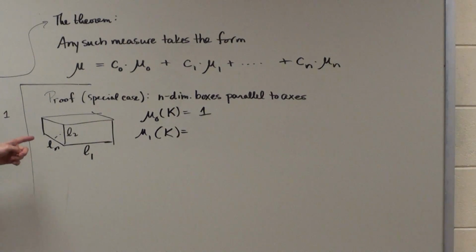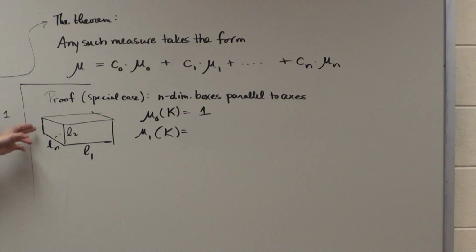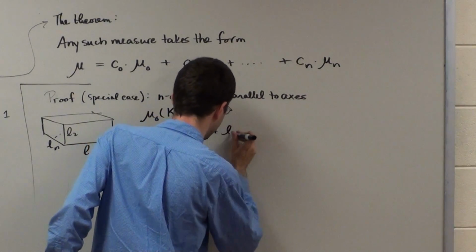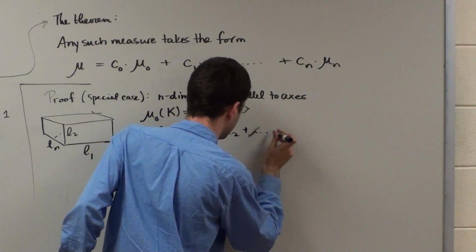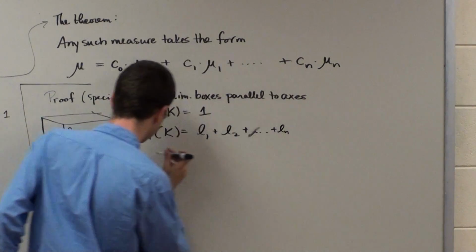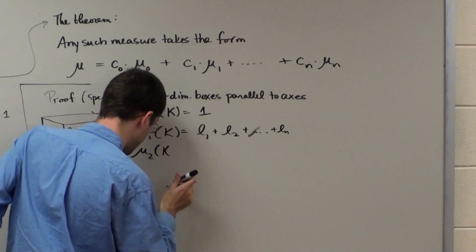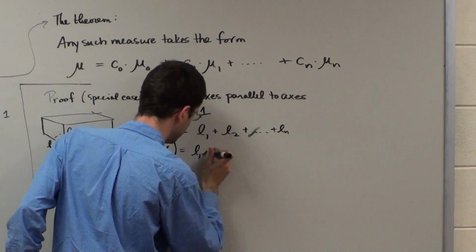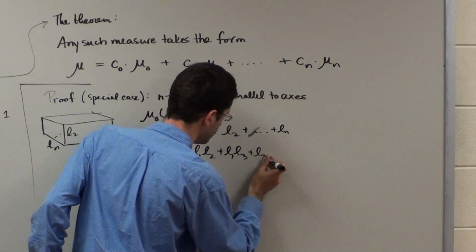The one-dimensional measure, how would you make a one-dimensional measure of a multi-dimensional object? Well, one way to do it is just to add up the edges. Okay, and then you have a two-dimensional measure. Add up all pairs.